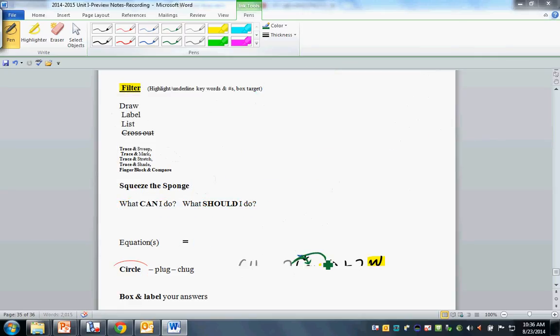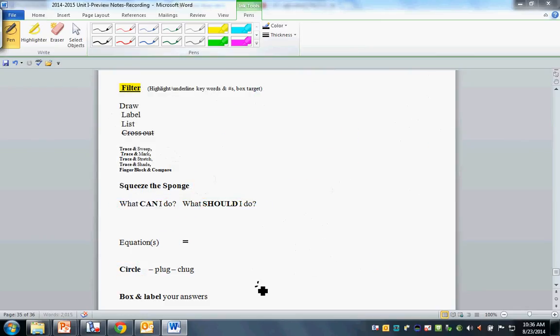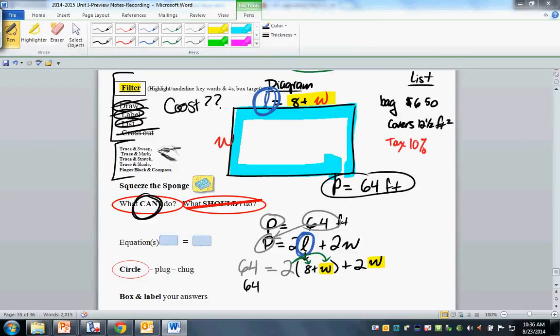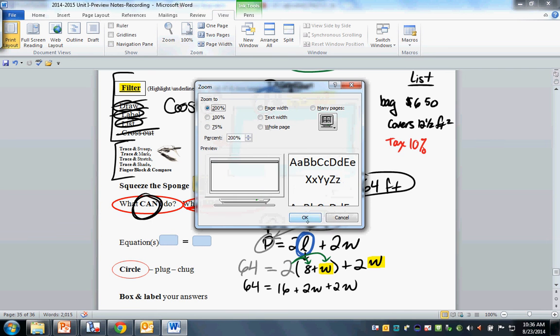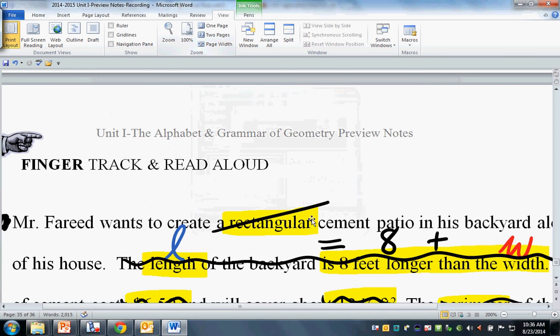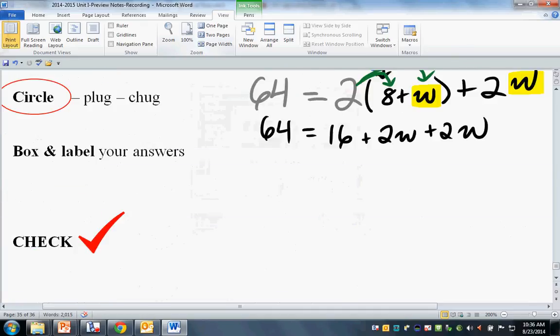So we're going to distribute here. So I have 64 equals 16 plus 2w plus 2w. Let's watch this algebra real quick here.